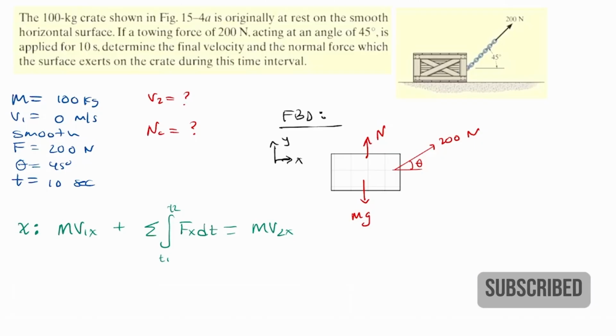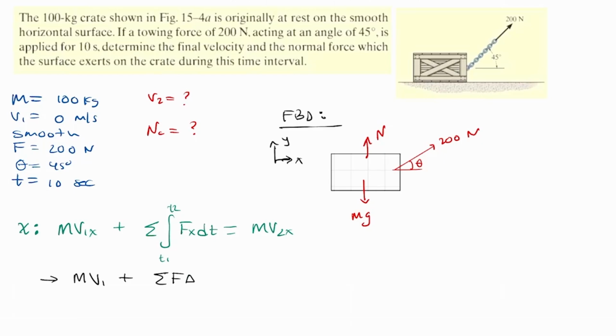The box is only moving in the x direction, so mass times v1 plus, and once again, because all forces are constant, I can use the sum of forces times the change in time, equals mass times v2. Of course, all of these are in the x direction.